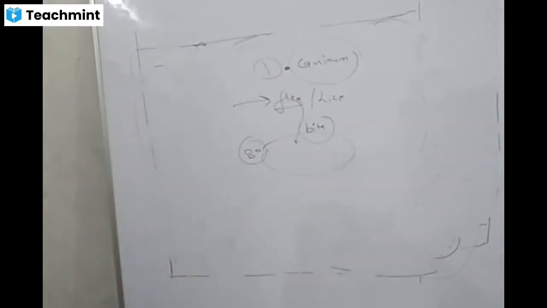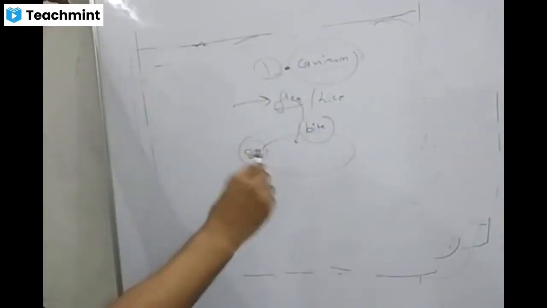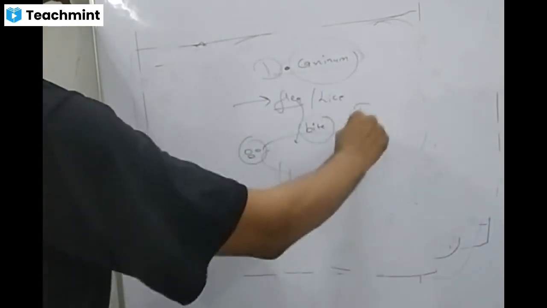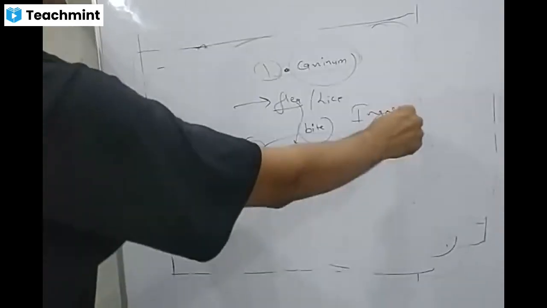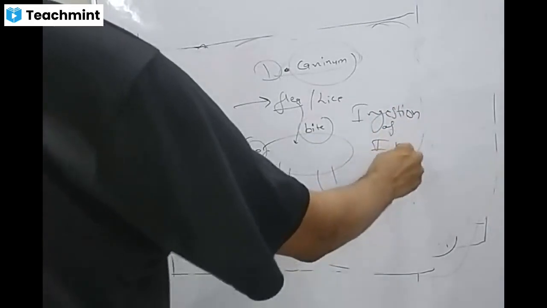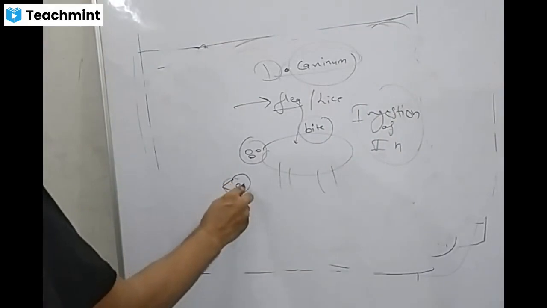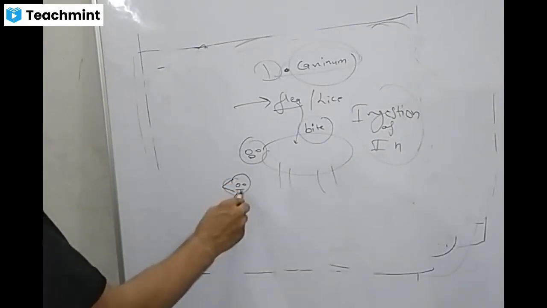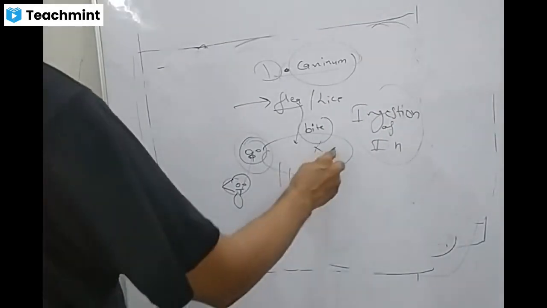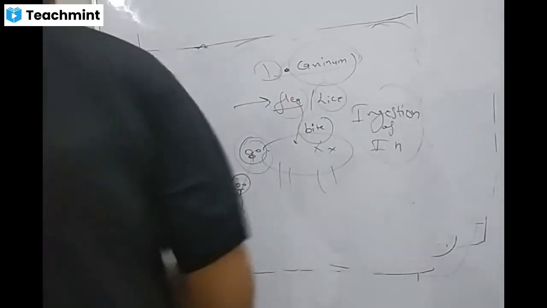This was the MCQ: which of the following cestode or parasite has a mode of infection known as ingestion of intermediate host? It means this is the fly. This fly will be eaten by the host, not by the bite of the lice or the fly. This is the Dipylidium caninum.